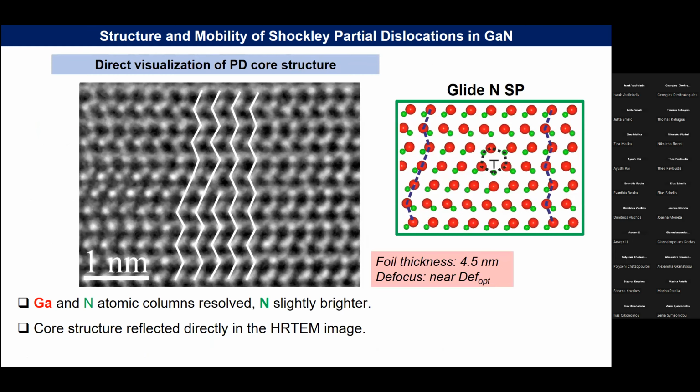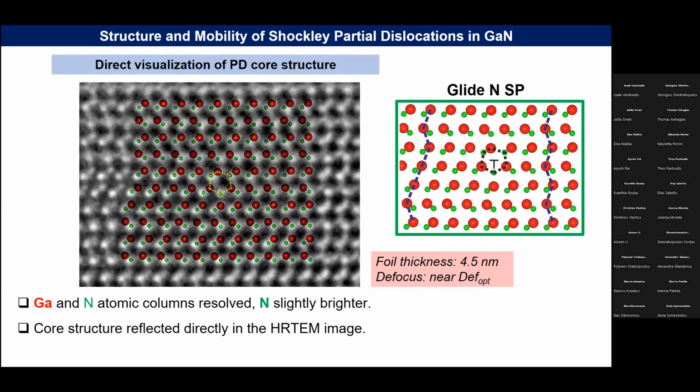And here we have an experimental image obtained in Poland, in which you can see exactly the positions of both gallium atoms and nitrogen atoms, and this gives us the opportunity to directly assign each peak to an atomic column. So the core structure is directly reflected in the center of this image.